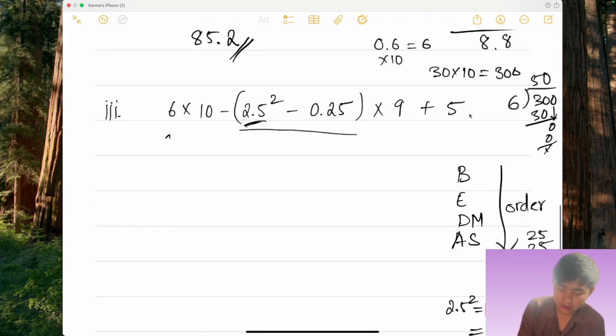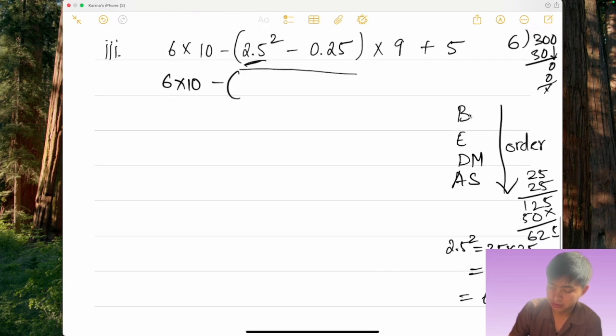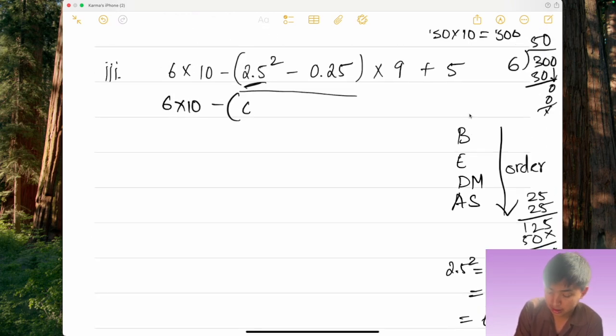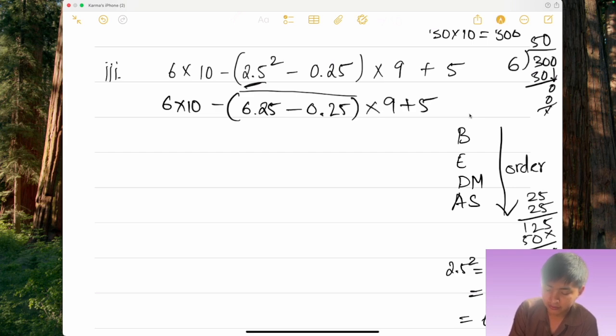So rewrite this expression here, and as we have done, we got 2.5 square as 6.25 minus 0.25 times 9 plus 5. Now there's still the bracket and we have to solve what's inside the bracket. It's 6.25 minus 0.25.